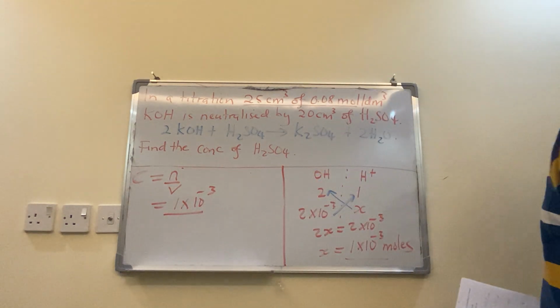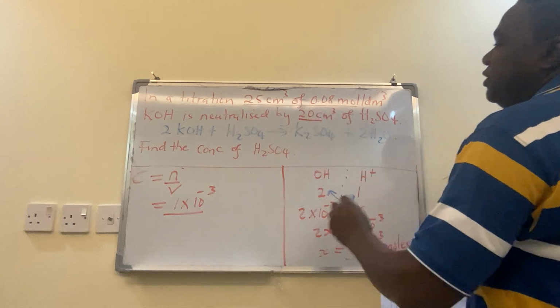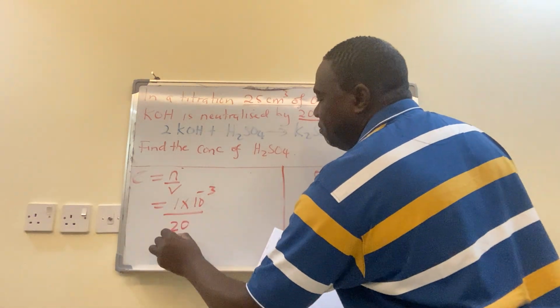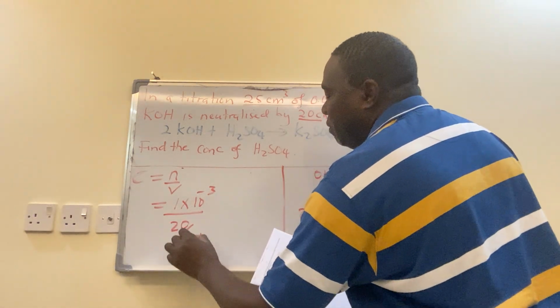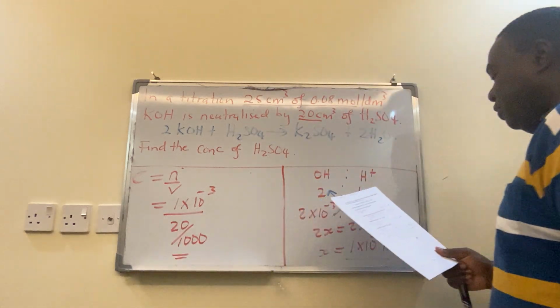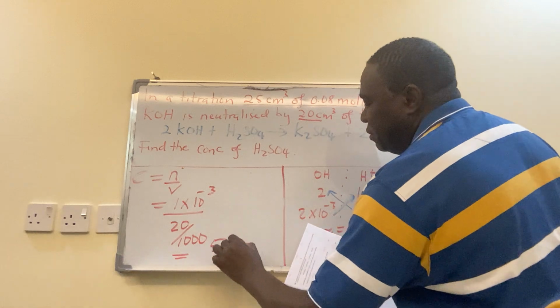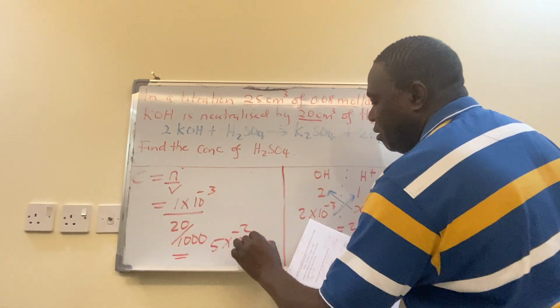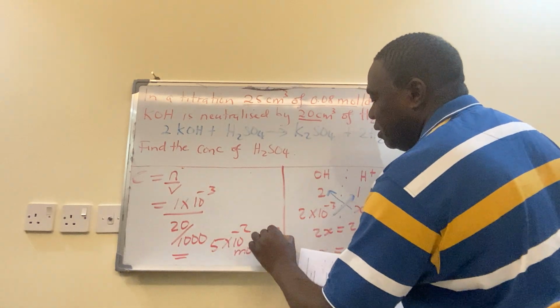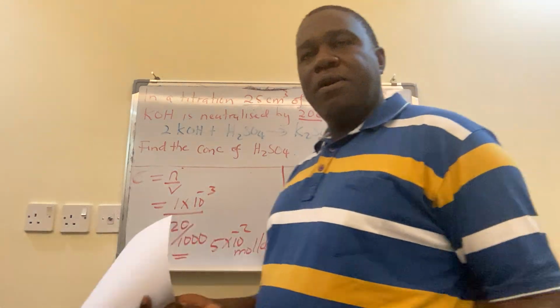If you read the question carefully, our volume is 20. Remember you have to say 20 over 1,000. If you simplify that using your calculator, you get 5 times 10 to the power minus 2 moles per dm cube. Once again, very simple calculations.